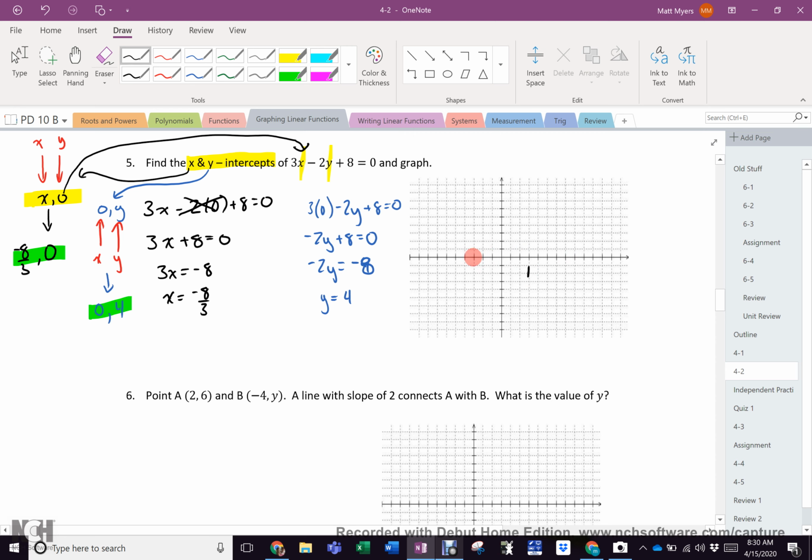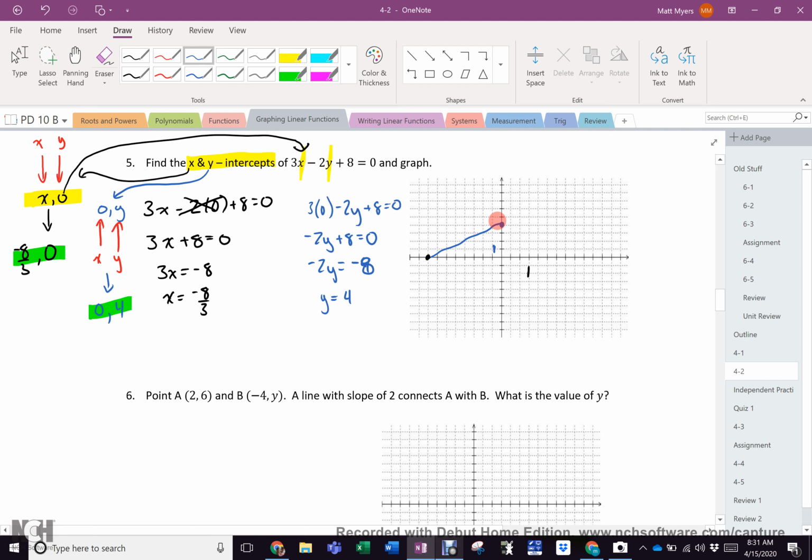So 1, 2, 3, 4, 5, 6, 7, 8. There is my first point. Now, if I'm going to do the same thing on the y, 1, 2, 3, well, I need to get all the way up to 4, which would be 12 of them, so I can't do it. So I'm going to make on the y's, that's 1, 1, 2, 3, 4. And there is my line.